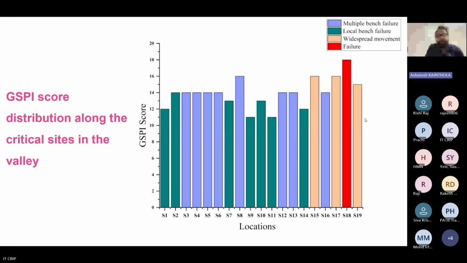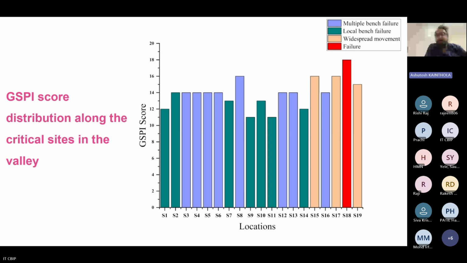Yeah. So these are the locations, and you can see the blue one denotes, this is a bar plot, the blue one denotes multiple bench failure, which you can see in location S3, S4, S5, S6, and furthermore. Then you have local bench failure, which is dark green in color.